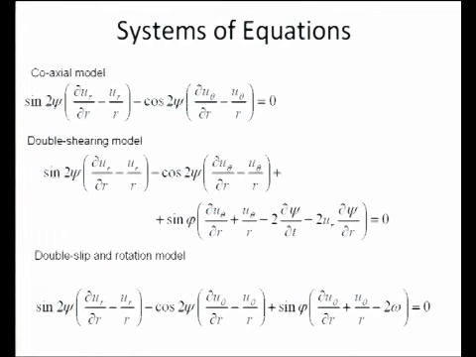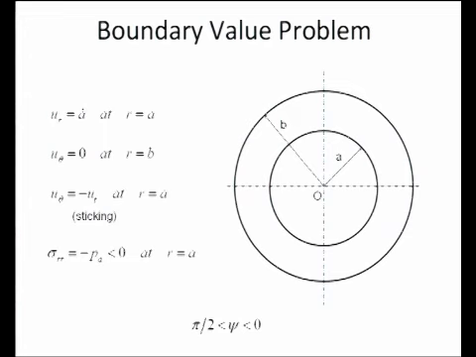In the case of the double shearing model, we have this equation, and in the case of the double slip and rotation model, we have this equation. If phi equals 0, which is again pressure-independent plasticity, then all equations coincide. It is the same, because if phi is 0, this term is cancelled.